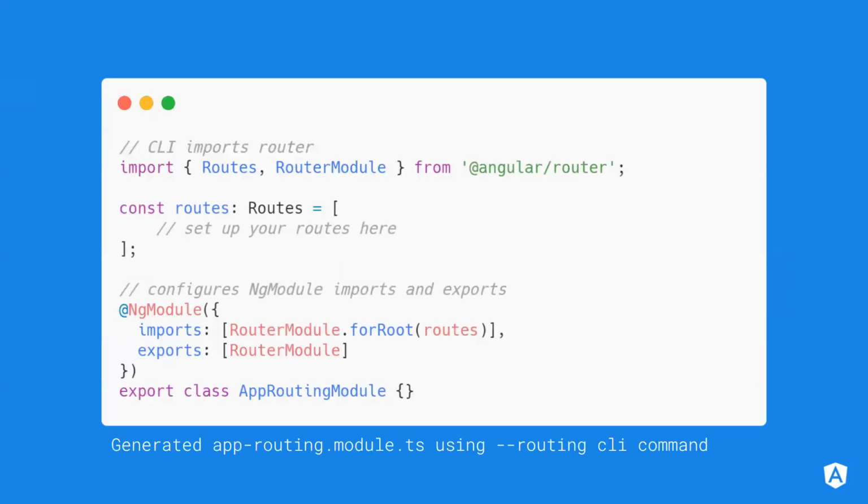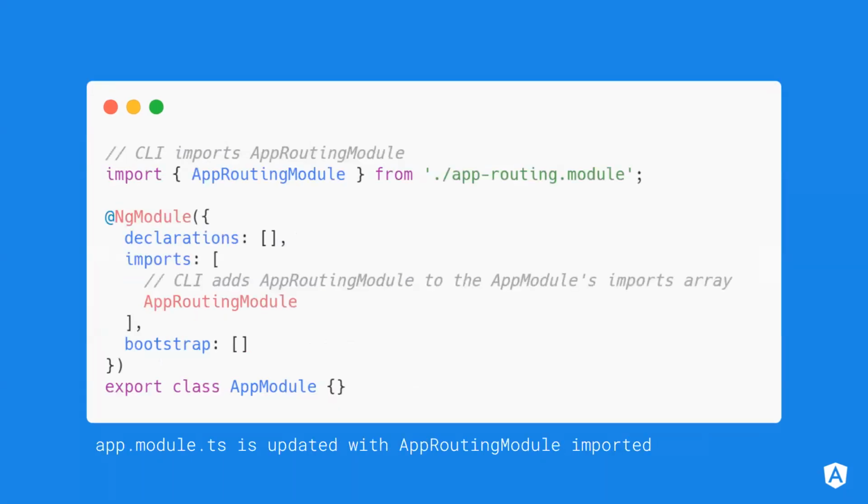It will generate a new file called app-routing.module.ts, and in there, there's a routes array that is empty that you will need to fill up with the routes that you want. Basically it imports the router module and exports it as a module. And it will import this app routing module into the app module. That's how you link up the route dependency.